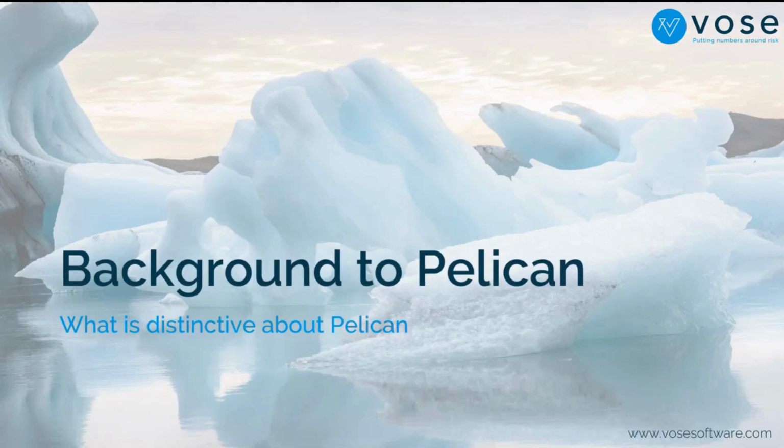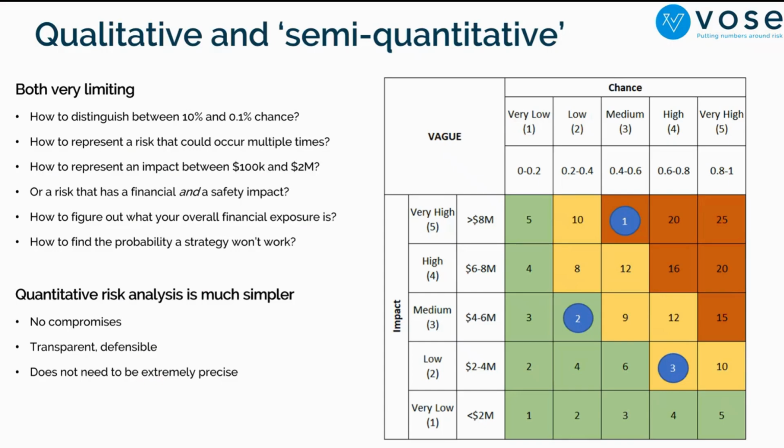So what is so distinctive about Pelican? First of all, let's look at what the alternatives are. And the alternatives are, of course, the heat maps that is a traditional approach to the risk management. And you may, since I think if you are here watching this, I think you are aware of most of the drawbacks that this qualitative or semi-quantitative approach brings.